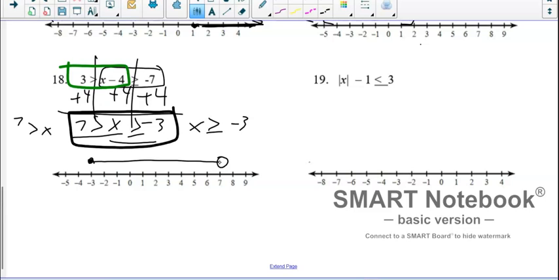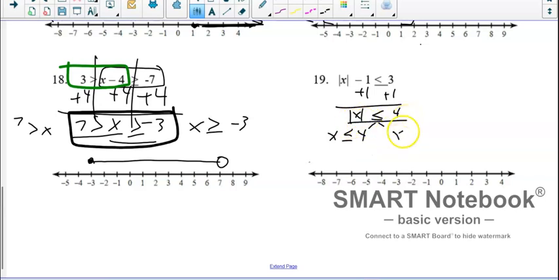And last but not least, we're going to graph an absolute value. So we're going to still add 1 like we did on the previous problems. That means the absolute value of x is less than or equal to 4. But this time when we split this, we got to be careful. X is less than or equal to 4. We just write it as we see it, just like before.